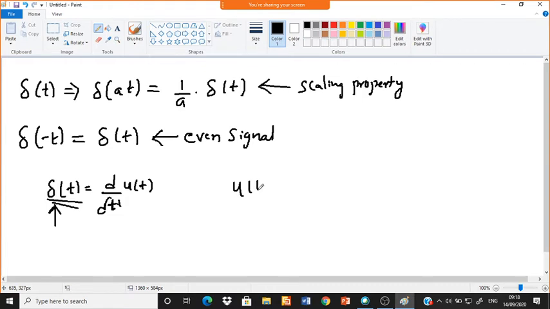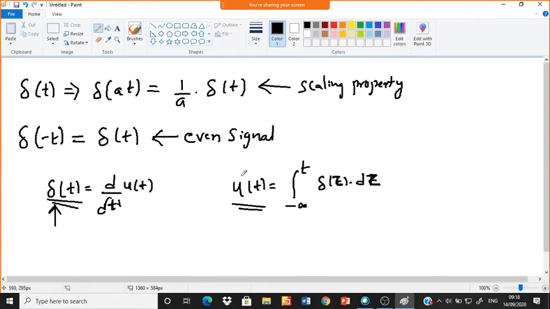If you want u of t back, then you can take the integral from minus infinity to t of del of t into dt, and you will get the value of u of t. You can change the variable because t is already there, so you can take del of tau into d tau from minus infinity to t.